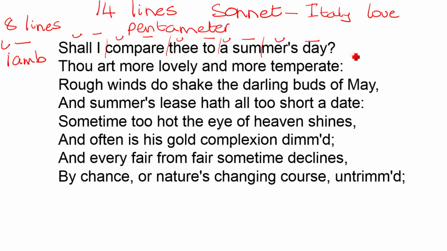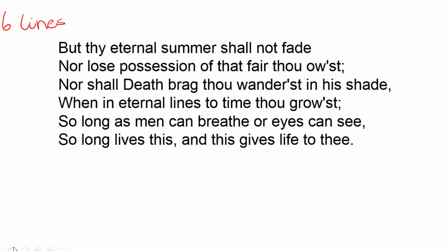If I look at the rhyme scheme of this poem, we've got A, B, B, C, C, D, D. The next section, E, E, F, F, G, G. So what are we saying here?